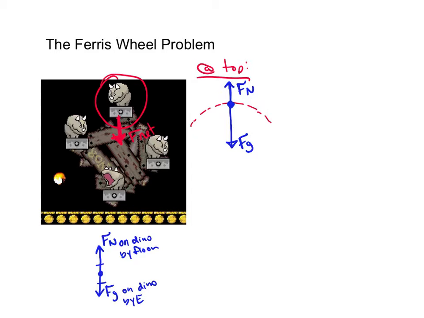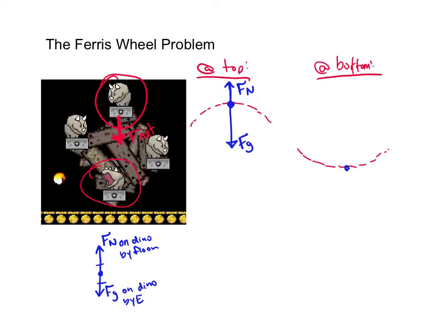Now we can also do the same thing for the dinosaur at the bottom. I'll draw the trajectory here. We'll find a similar but slightly different situation. Sorry, I want to identify my system.